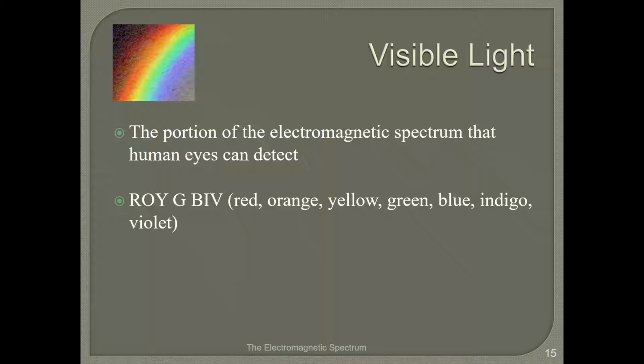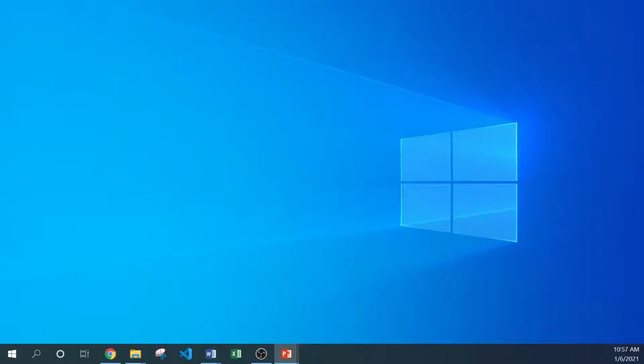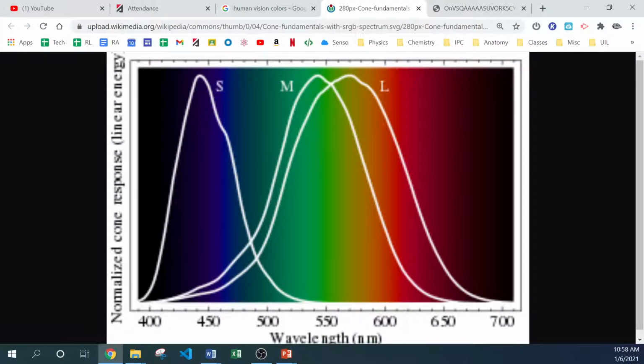One cone detects green colors very well, and one cone detects blue. All right, so we have 3 cones.